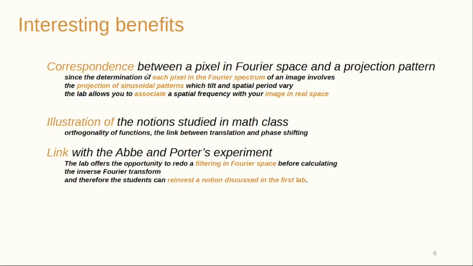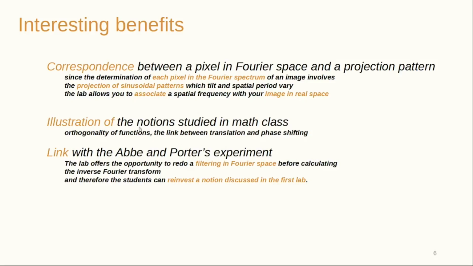The lab allows you to associate a spatial frequency with your image in real space. Then this lab is a good way to illustrate the notions studied in math class, such as orthogonality of functions and the link between a translation in the real space and the phase shift in the Fourier space.